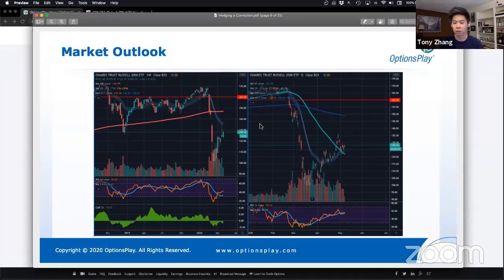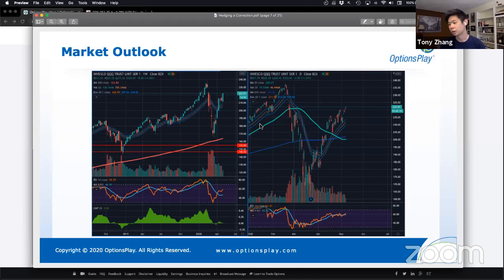And on the flip side, you have technology looking extremely strong. If you look at the NASDAQ 100 or the Qs, we have basically reclaimed almost 80% of the initial sell-off. That is a very different picture. So going forward, we really see a bifurcation in the markets. When we talk about investing in a post-COVID-19 world, there's really going to be a big bifurcation across haves and have-nots in terms of how you invest.